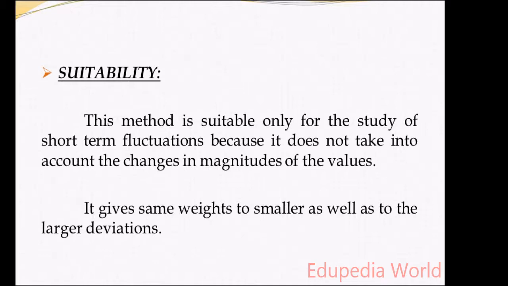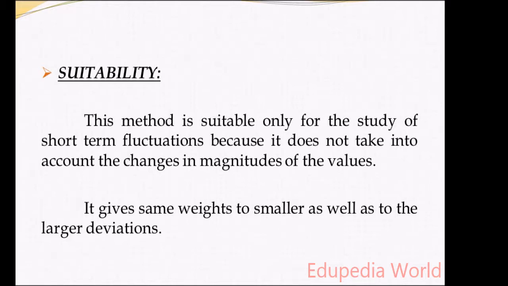But if the fluctuation is normal, if it is minor, maybe varying from 2 to 3 or 4 units in both directions, we can very well use this method for its simplicity. If the fluctuations are very high, then obviously it will not give you an answer close to the actual answer.